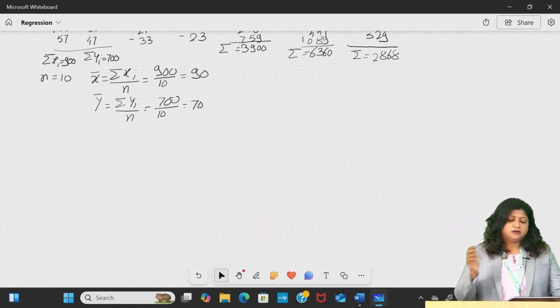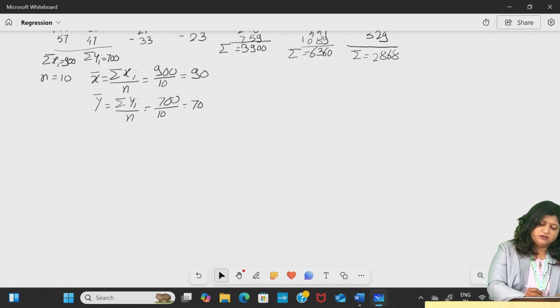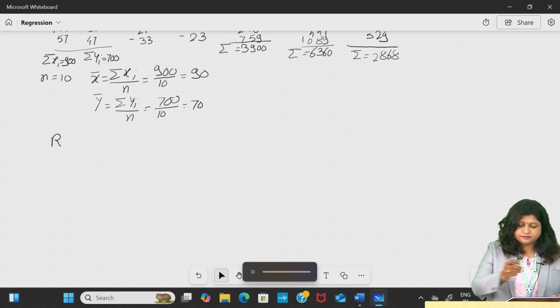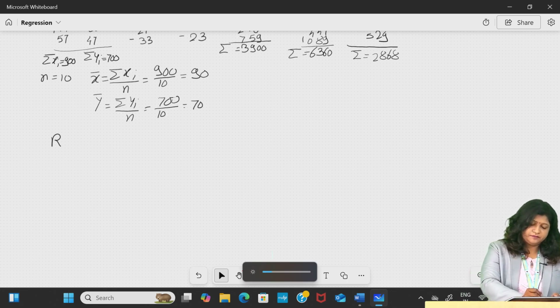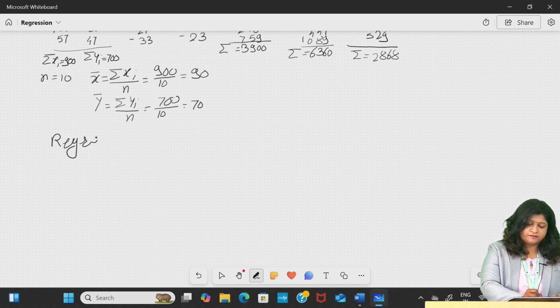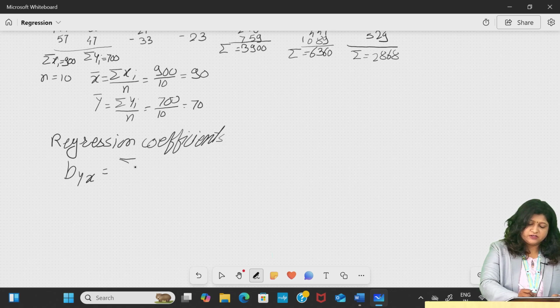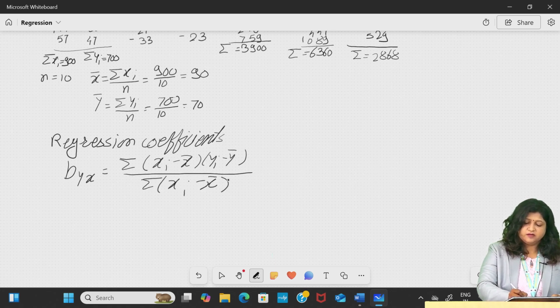So let's first of all calculate the regression coefficients. Both of the regression coefficients we are going to calculate. The first regression coefficient, byx, is equal to summation of xi minus x bar into yi minus y bar upon summation of xi minus x bar bracket square.